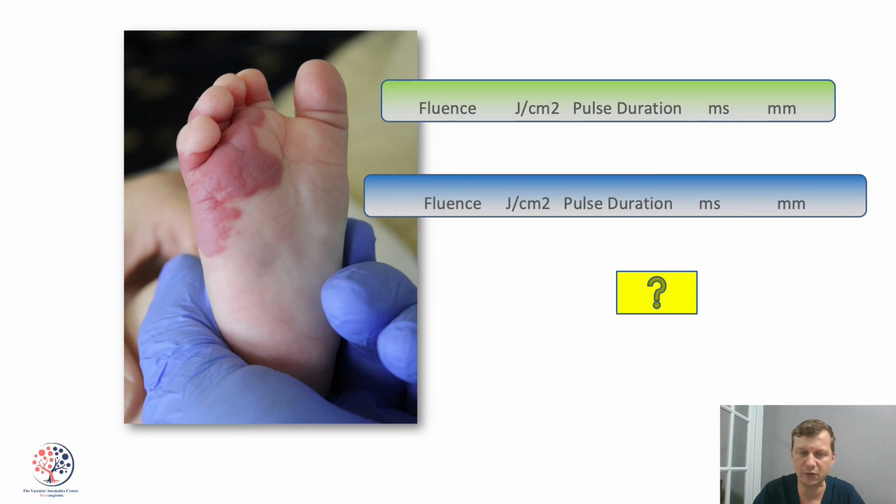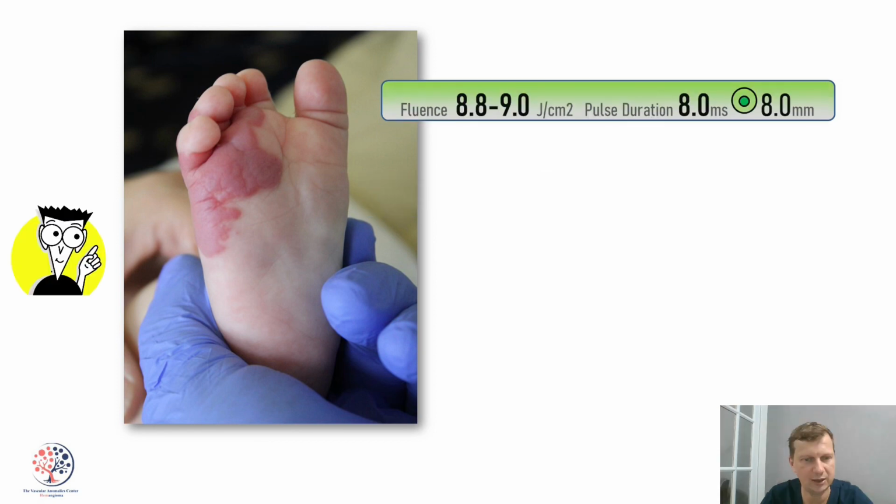This is a 6-month-old male who is going to have a laser treatment under general anesthesia. And once again, we manage the fluence rate according to the skin thickness value.